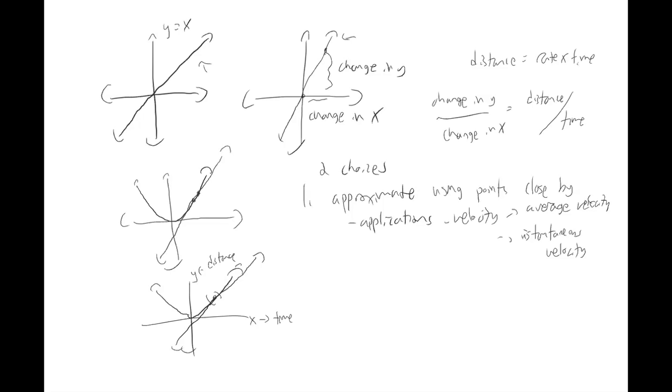So that's the first choice you have, and I guess the second choice is to be smarter and use other stuff. The reason I say this is because we never learned it yet. But what you're going to know is we're going to use stuff like limits and derivatives. By the end of the course, you should know how to find the slope of the function y equals x squared at the point 2, using stuff here.